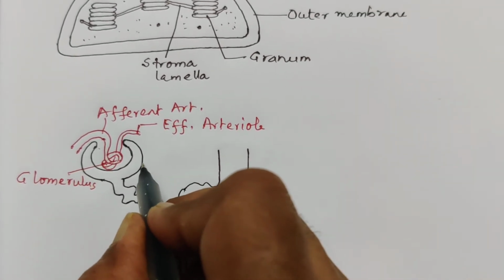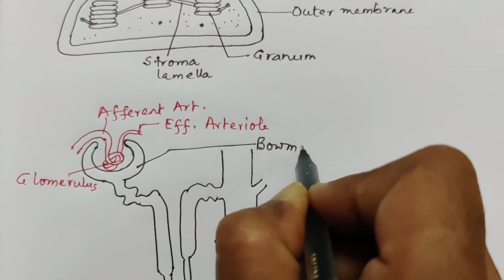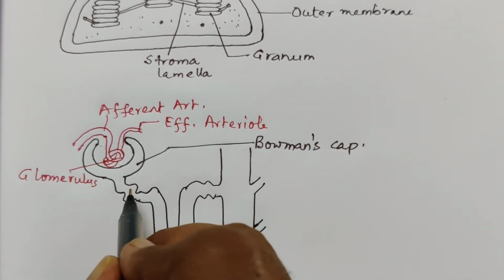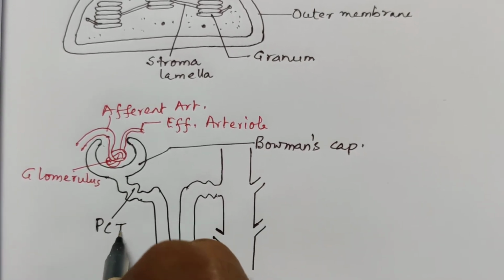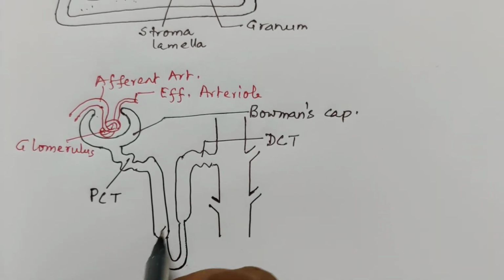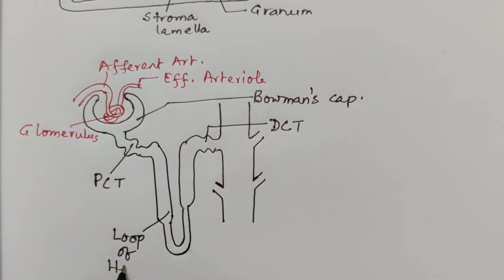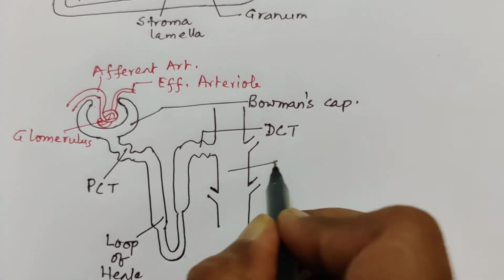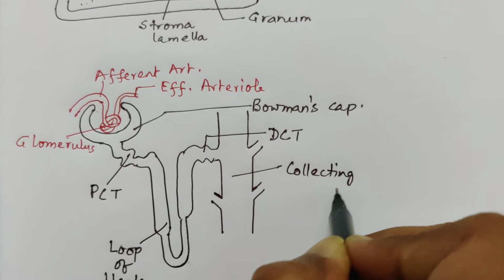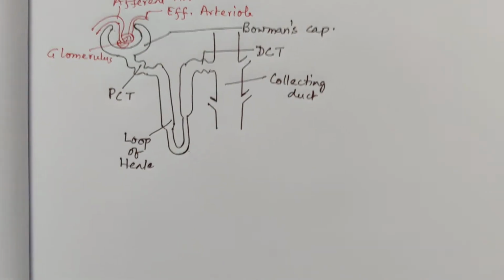This one is Bowman's capsule. This is proximal convoluted tubule. This is distal convoluted tubule. This is loop of Henle. This is collecting tubule or collecting duct, we can say. So this is the drawing of a nephron. Isn't it easy?